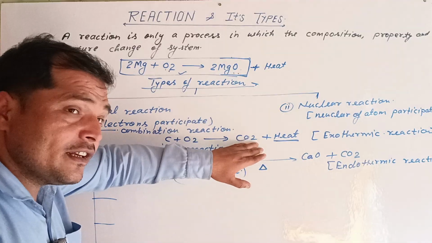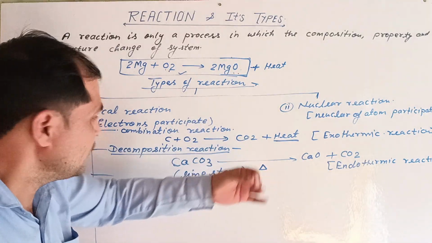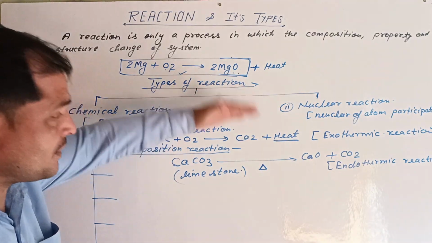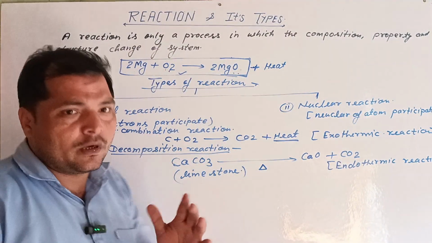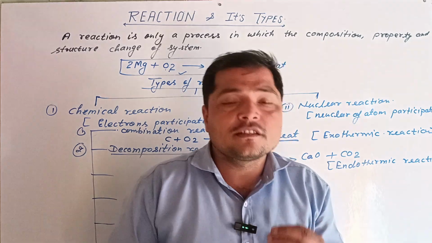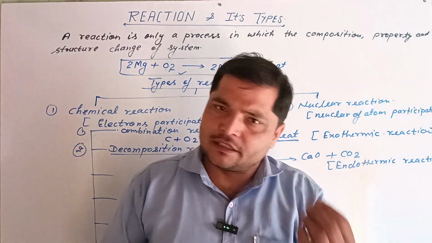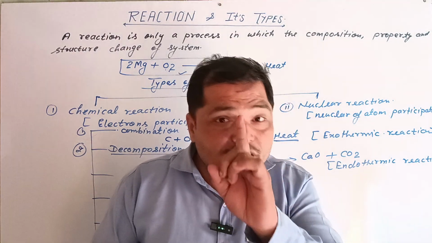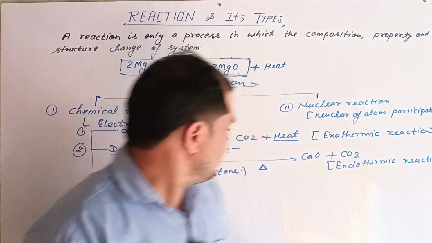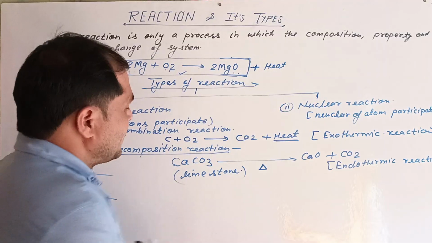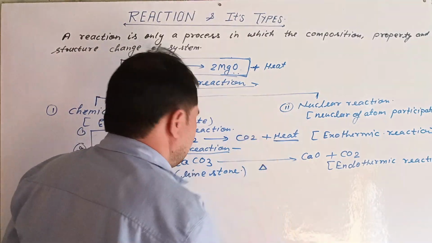But we can also say that most combination reactions are exothermic, meaning that when two or more reactants combine and the product is a single substance, the reaction already produces heating energy.